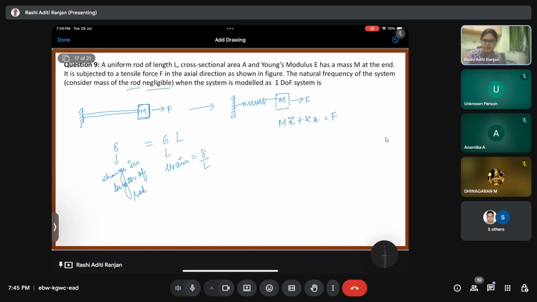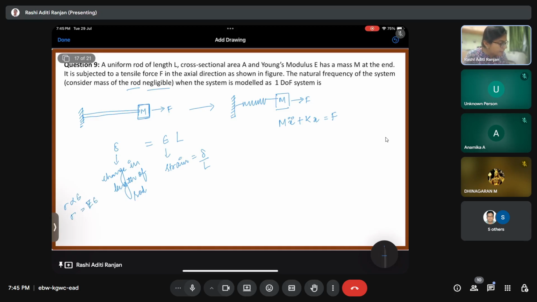I can write it like that. Now this is a strain. So we know by Hooke's law that stress is directly proportional to strain, and this constant of proportionality turns out to be the Young's modulus, right?